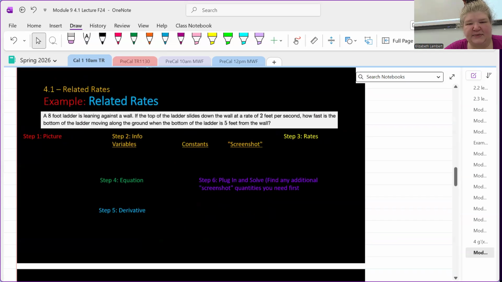All right. Now this is where related rates get their bad reputation. So up until now, they gave us the function that we were going to take the derivative of. Now they're just giving us a description of a situation, and we're going to have to find the equation.